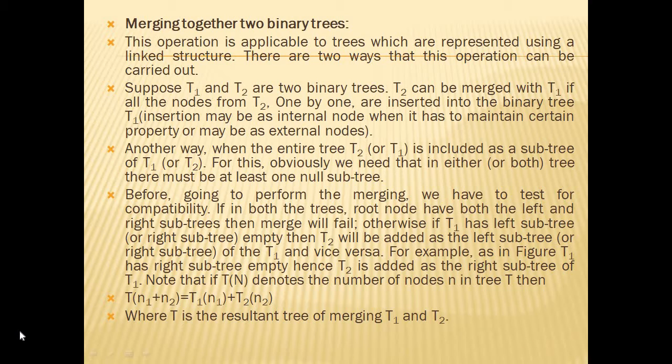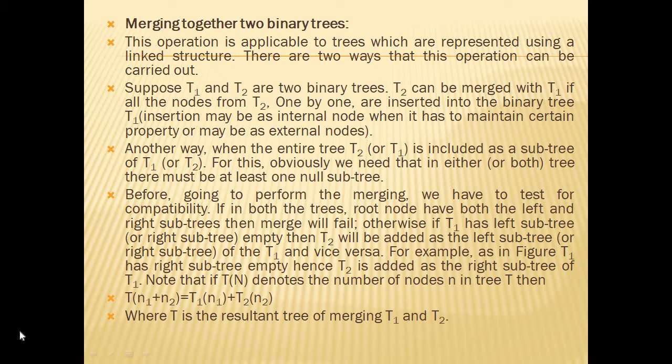Assume you have two binary trees and you want to merge both, then this merging operation is done. Generally, merging can be done if we have two trees like T1 and T2.